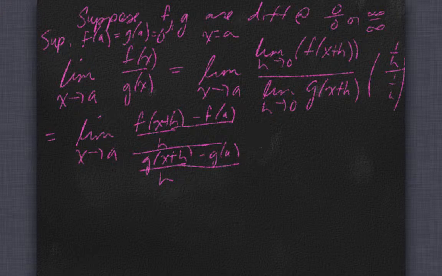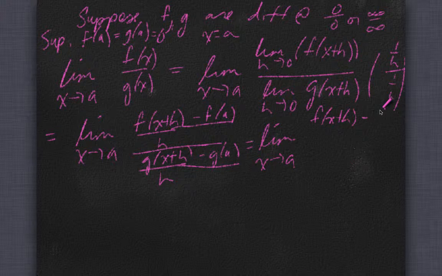Now I'm going to use continuity again. So this is the limit as x approaches a of f of x plus h minus f of x over h, because I have this limit out here, so I'm going to end up with f of a when I plug in. G of x plus h minus g of x, only I forgot to write my limits.